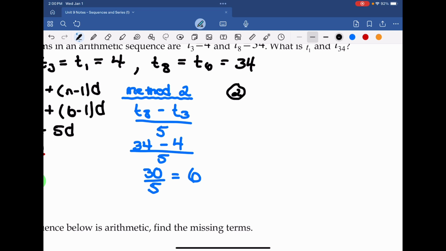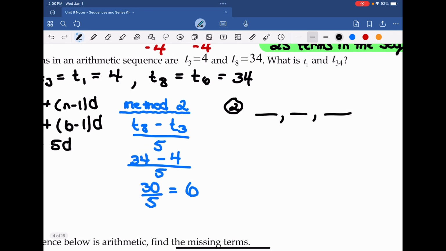So I'm going to create 3 gaps here, 1, 2, and 3, and label them T3, T2, and T1. T3 in this sequence was given by 4. If I want to go backwards, and I know the common difference was that we add 6, I'm just going to go the other way and subtract 6. 4 minus 6 gives me negative 2. Negative 2 minus 6 gives me negative 8.